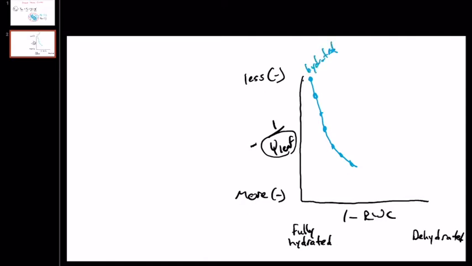So let's now look at what's going on in the cell. So this is the same cell at two different points on the curve. The first one, we have, let's say, that much water, and the second measurement down here, further down, has a lot less water.